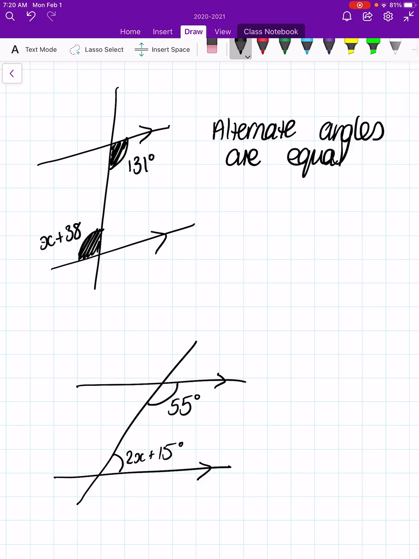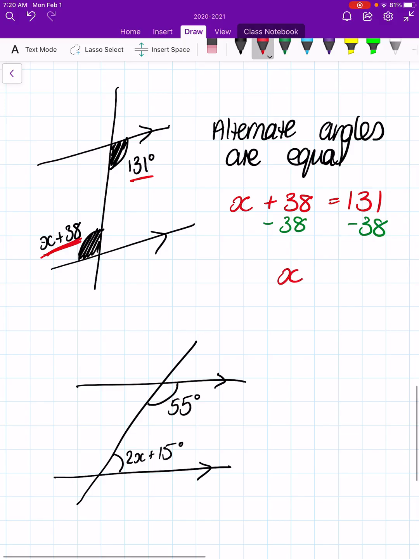And so because they're equal, it means I can set up an equation. I know that this part here equals this. So X plus 38 equals 131. Now to solve this equation, I'm going to isolate X by taking away 38 from both sides. So 131 take away 38 gives me 93. So that means the measure of X is 93 degrees.